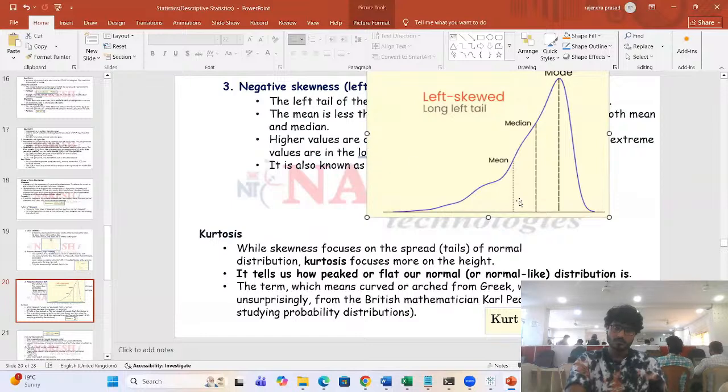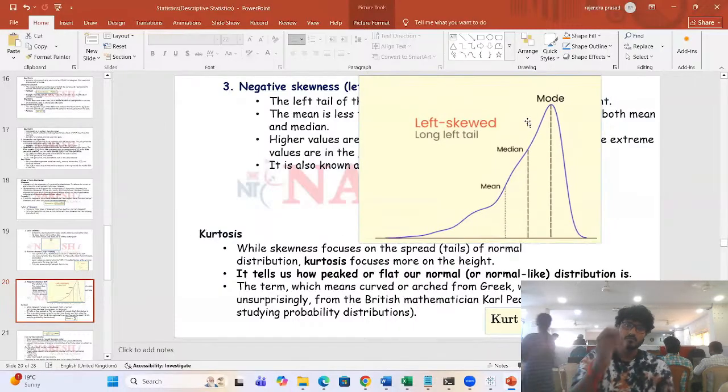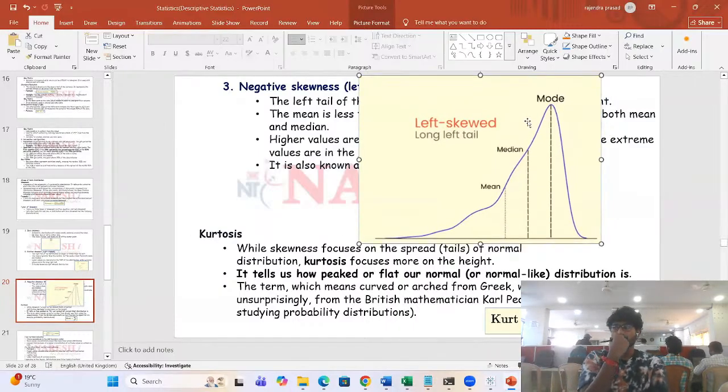Or you see, whenever you're going to the left side, the values are decreasing. So whenever you calculate mean, median, and mode, if your mean is less than median, and mean and median are both less than mode, then you say the data is negatively skewed or left skewed.